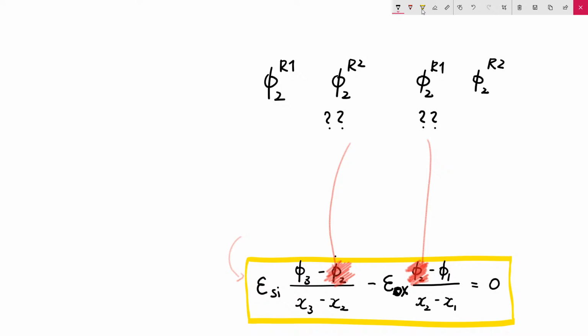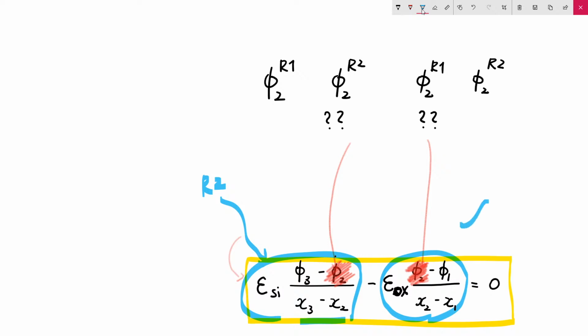The answer is really straightforward. For example, if we consider this first term, it is evaluated in our region 2, and you know that this second term is evaluated in our region 1.